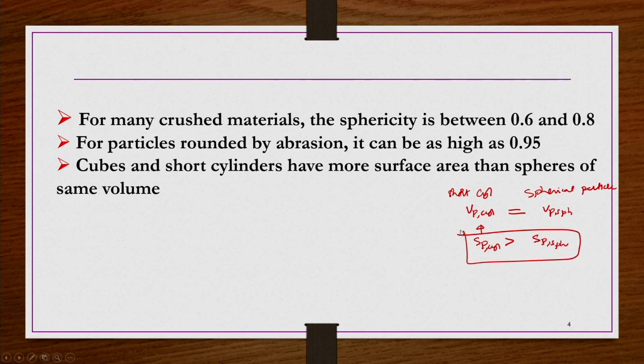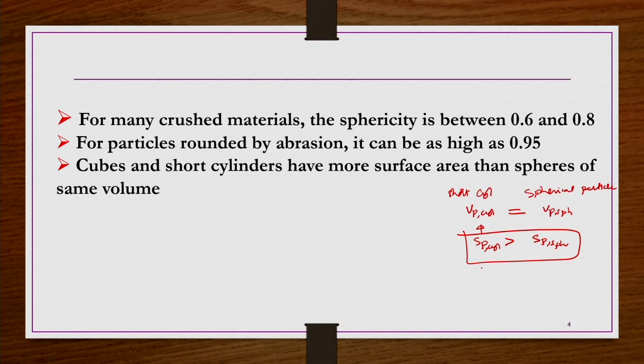Why? Because of the nominal diameter. If you calculate the nominal diameter for this cylindrical particle, that is going to be more than its original diameter, right. That nominal diameter we have already calculated in the previous lecture, we are going to do it once again.